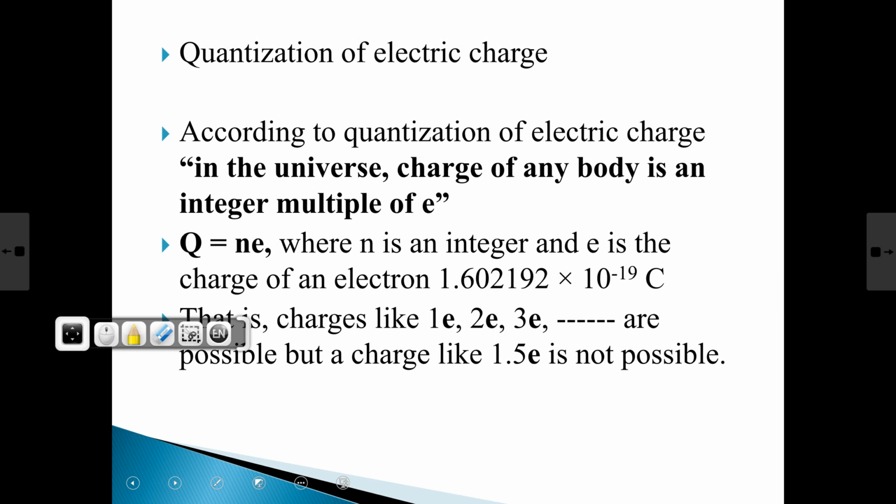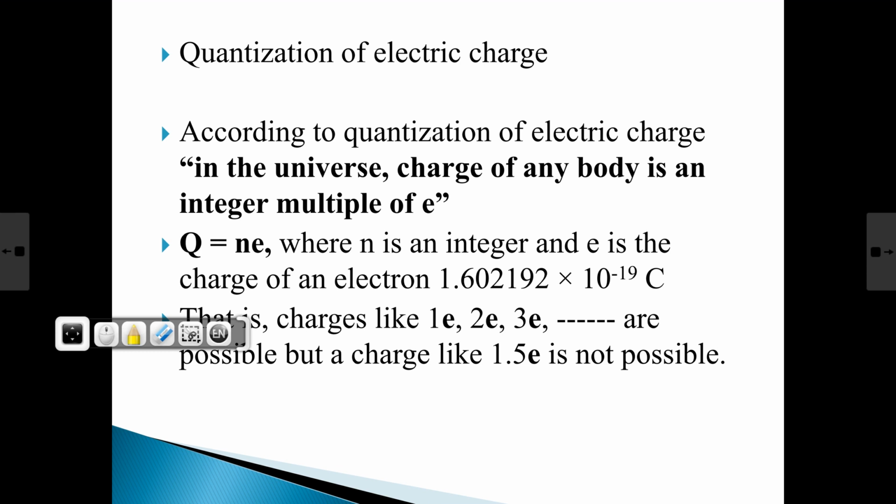The third property is quantization of electric charge. According to quantization of electric charge, in the universe, the charge of any body is an integer multiple of e.